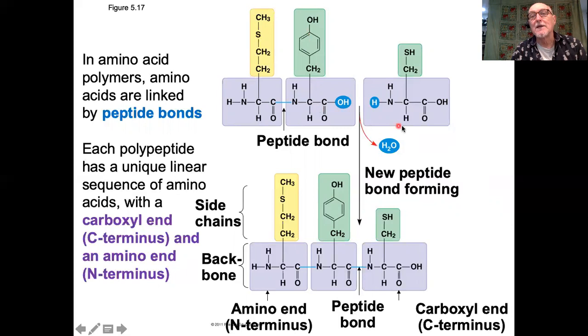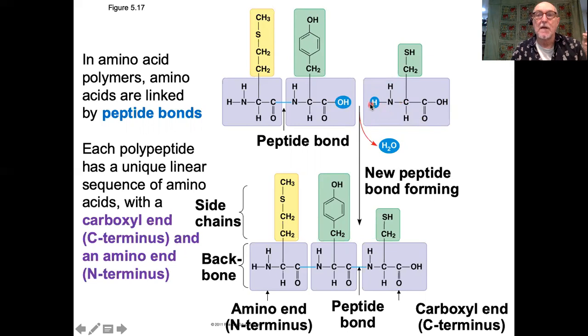So here I'm bringing in another amino acid, and I want to join it to this little chain. This would be called a dipeptide because it's only got two. So now we're going to join this to there. Have a look here. Here's the alpha carbon, here's the amino group, here's the carboxyl group. On this chain, the only reactive group that I have available is this carboxyl group.